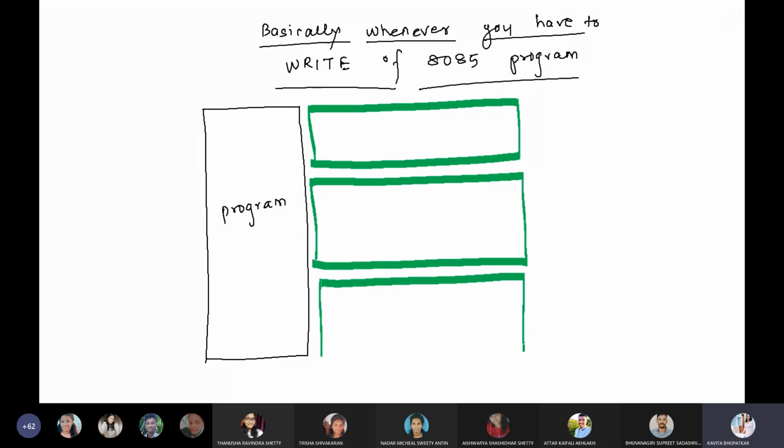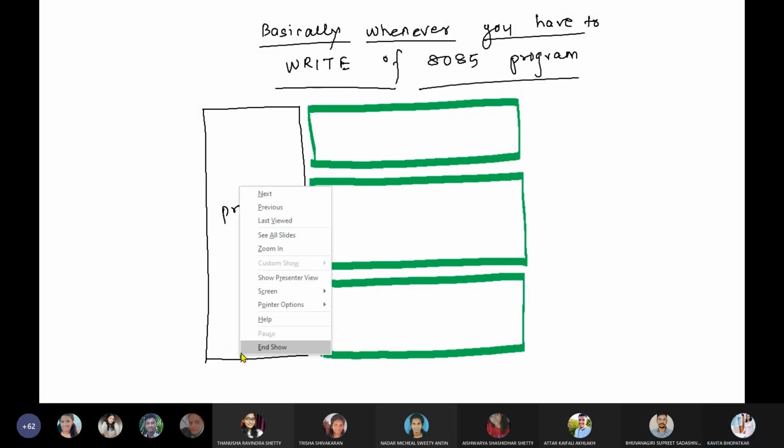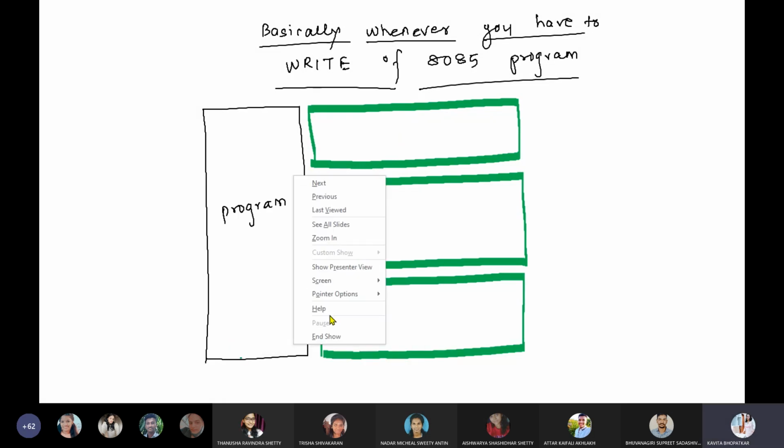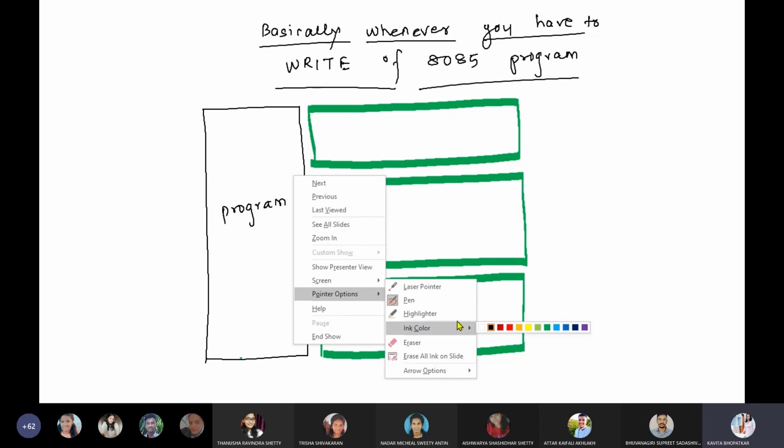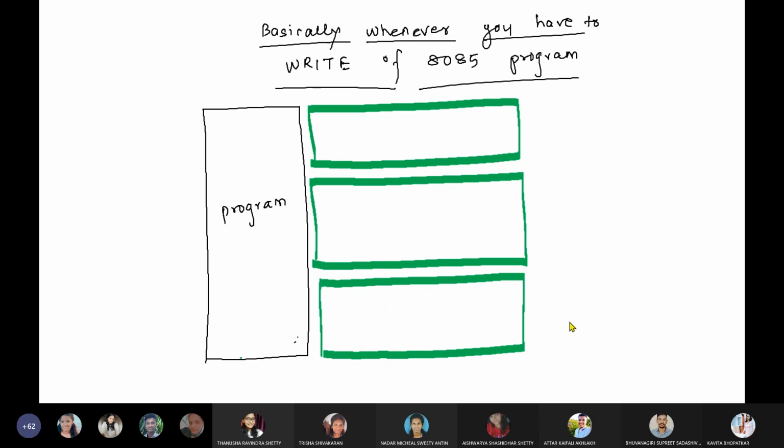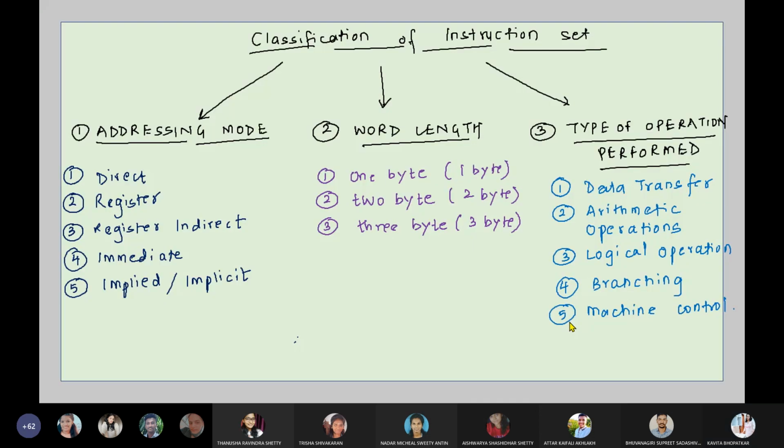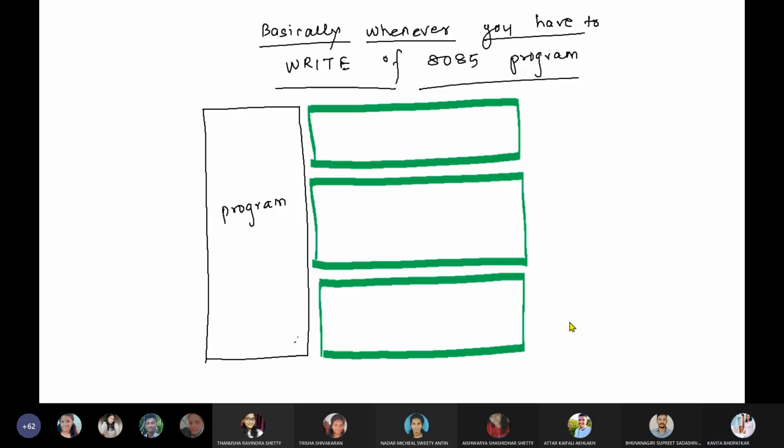Third, loading the output in output location. इसमें parts आएंगे. हाँ?